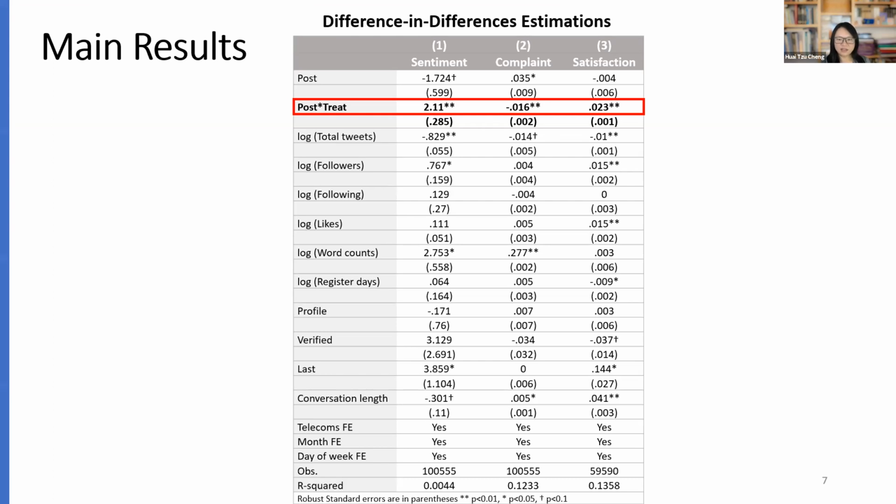In the third column, for satisfaction, we also apply the LPM in the DID setting. The coefficient is positive and statistically significant. Specifically, the humanized profile adoption increases the likelihood of expressing satisfaction by 2.3. Overall, the findings show that the humanized profile used by service agents in customer service tweets leads to an increase in the sentiment of public tweets, fewer complaint tweets, and higher customer satisfaction.